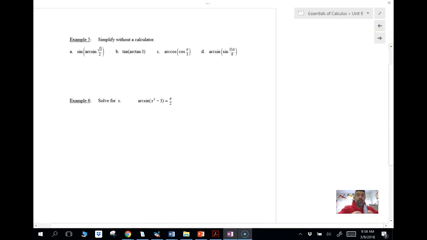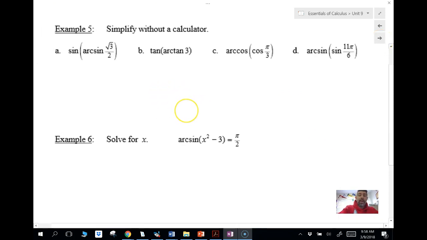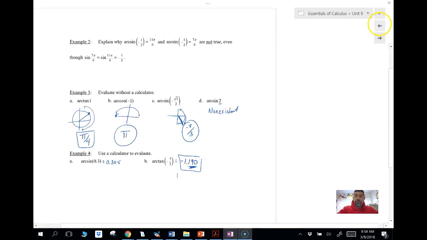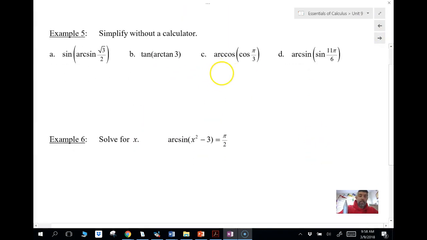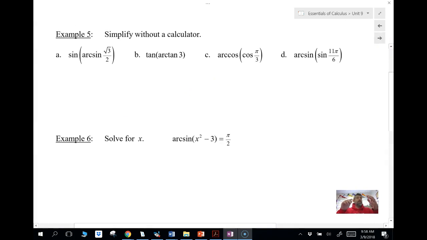All right, let's take a look at a few more here. Simplify without a calculator. Just a couple of things here. Sine of x and arc sine of x are inverse functions. So when we have sine and arc sine, they kind of cancel out, but not exactly.